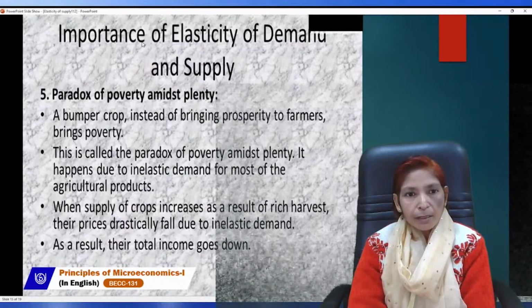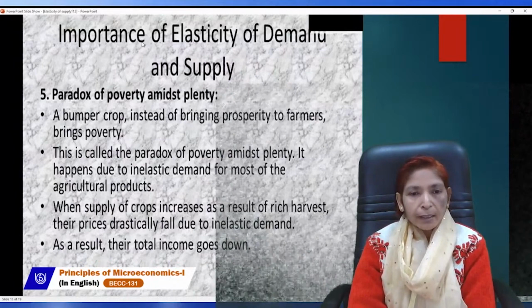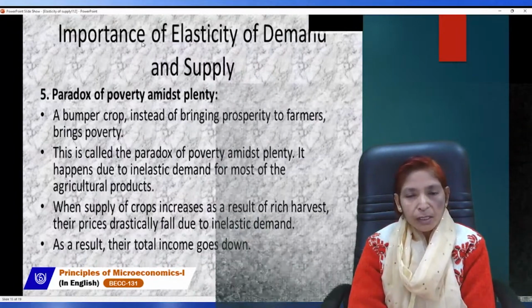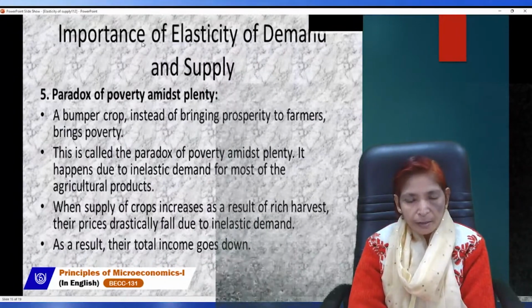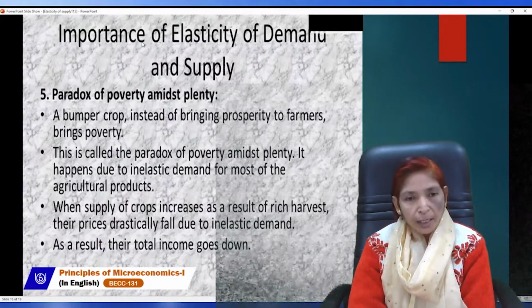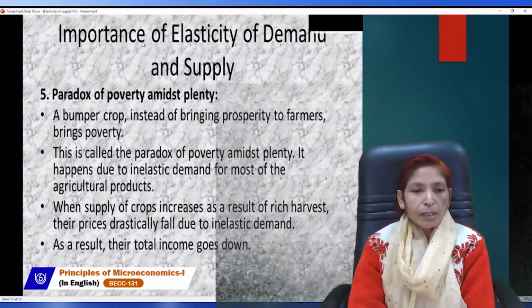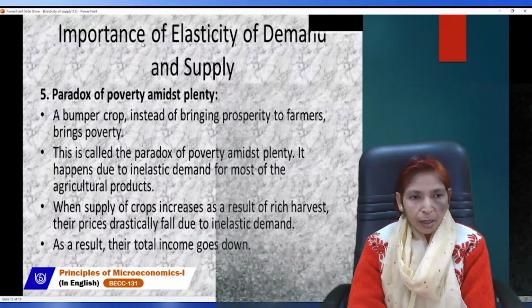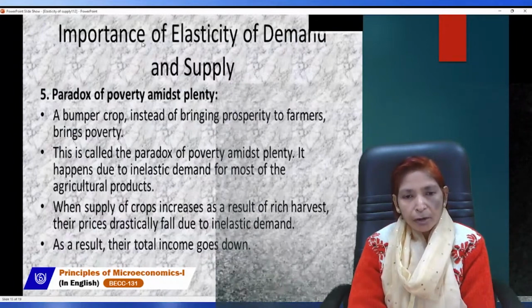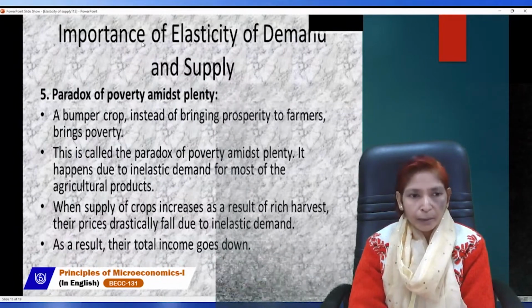poverty amidst plenty. In case of agriculture, farmers always remain poorer, whether they produce more crops or less crops. A bumper crop, instead of bringing prosperity to farmers, brings poverty.